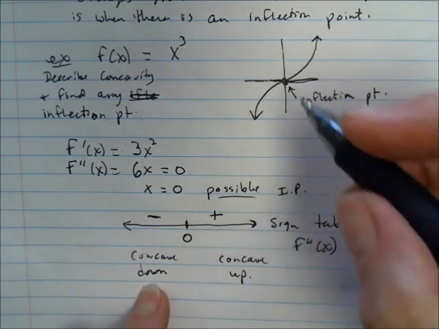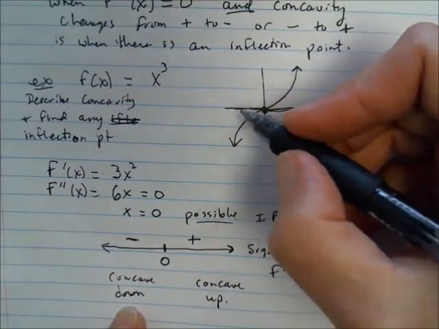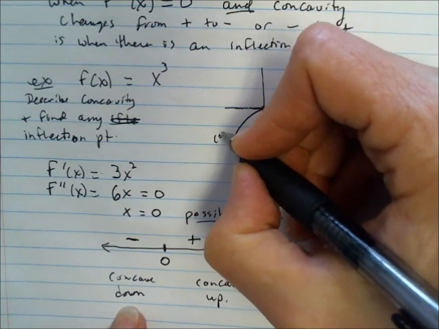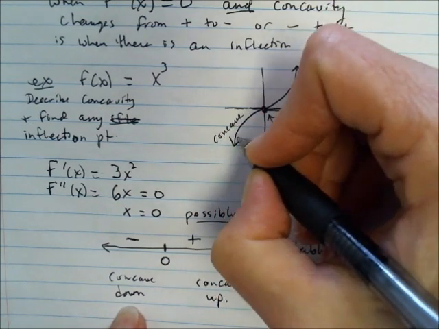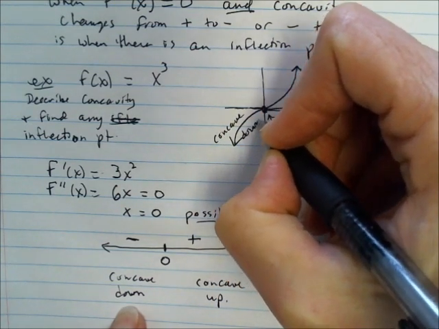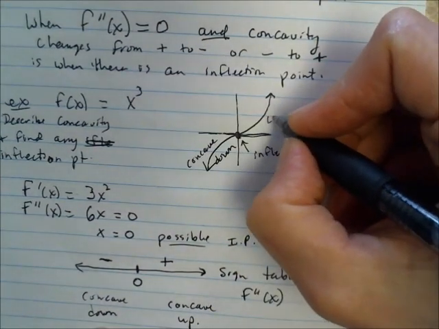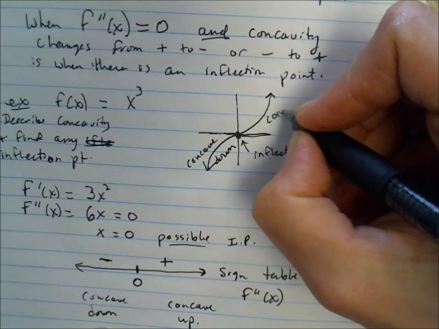And this portion over here, you can see that it would not hold water. This is concave down because the second derivative sign table told us that. And this part over here would be concave up.